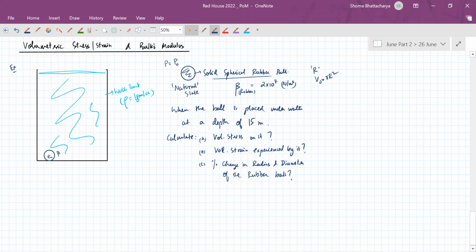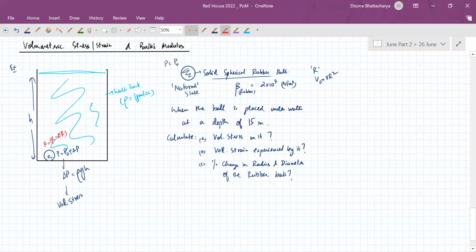But when over here the pressure is P naught plus delta P, where delta P is rho gh, where h is this depth. So this is your volumetric stress. And as a result of that, the radius would have decreased.